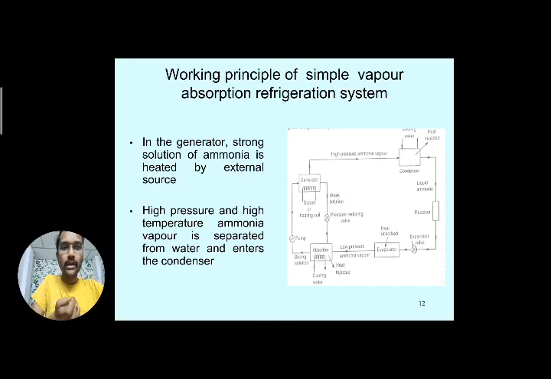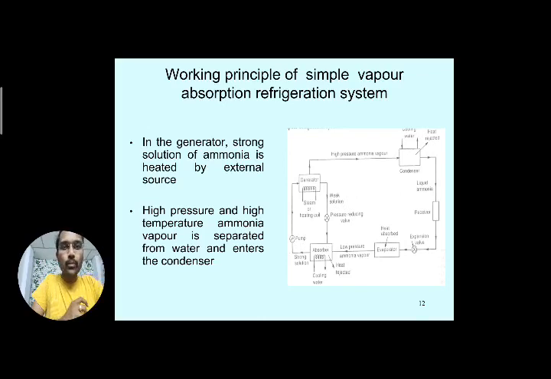Read the first point. In the generator, the strong solution of ammonia is heated by an external source. It is named a strong solution because the quantity of ammonia mixed with a proportionate quantity of water is more, so it forms a strong solution of ammonia, in the form of a liquid.